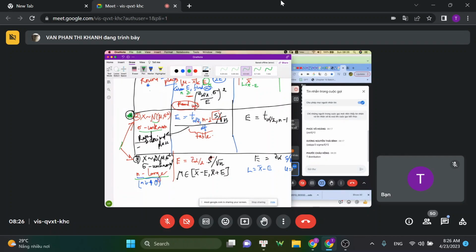We don't use case 3, we don't use the Z distribution, but the T distribution. So please take note that if we have normal and sigma is unknown, I don't care if n is a large or small number, we will use the T distribution.